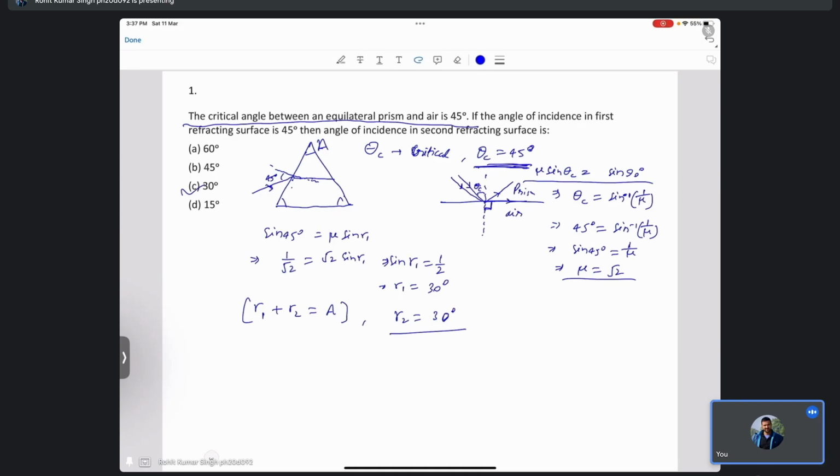Because incidence is through this side, we have to find this. We don't need to apply Snell's law on this surface because we already have this formula which relates the two refracting angles and the angle of prism. Fine. Sorry for the confusion here.